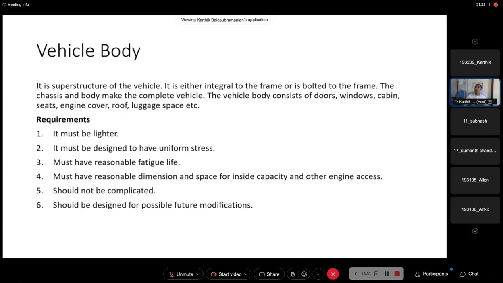That's why you see for any body on frame automobiles, the frame will be extremely rigid compared to the vehicle body. Very high rigidity will be there for the vehicle frame. Right? Is that clear? Yes, sir.